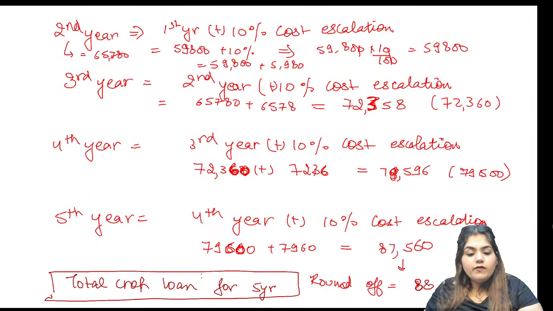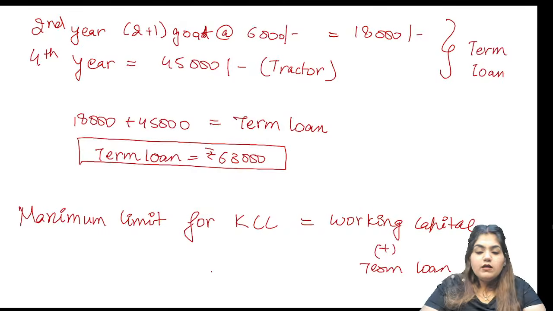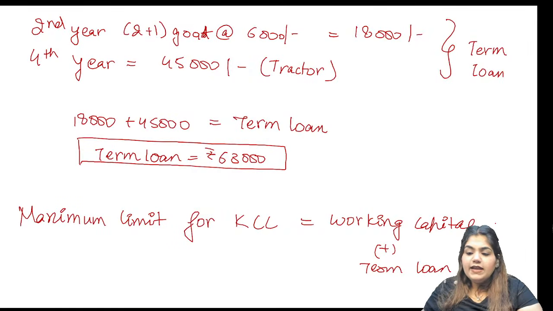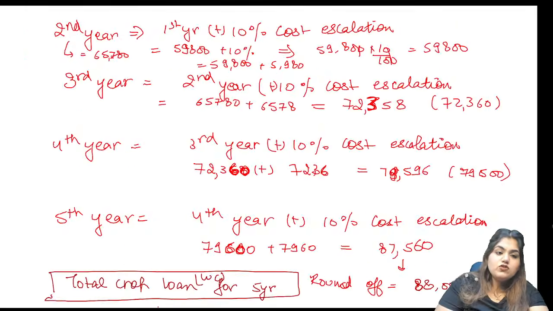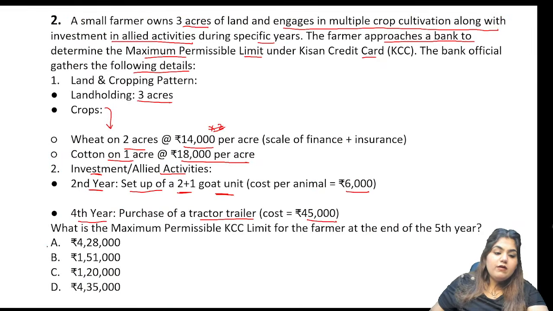Working capital was 88,000 plus 63,000. 88,000 plus 63,000 will give us what amount? 1,51,000 rupees. So the answer here will be B.